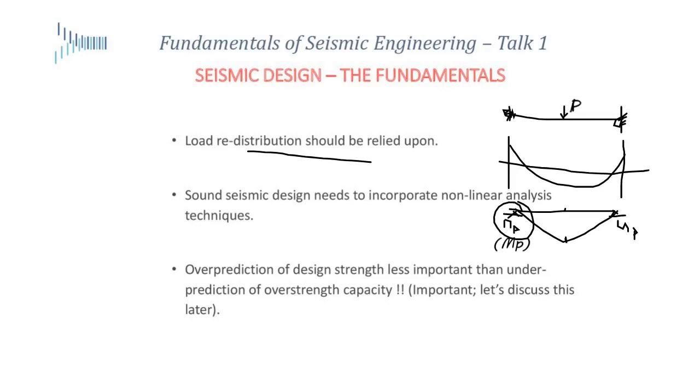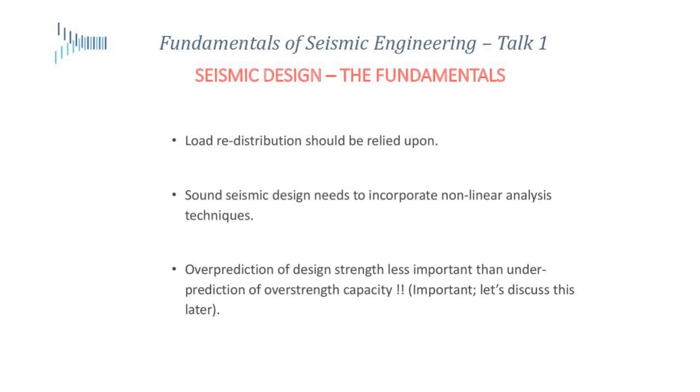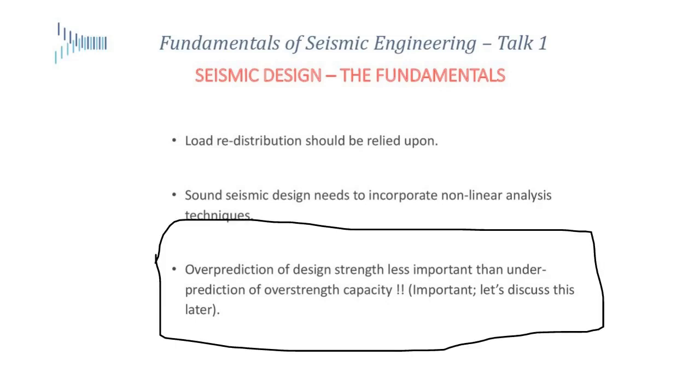Now, if you don't take anything away today, this is the part that I want you to really focus on. I'm going to read it once or twice, and then I'm going to tie it with the point I've made previously. So previously, we understood that the fact that we might have overpredicted our basic strength in seismic is not as important.